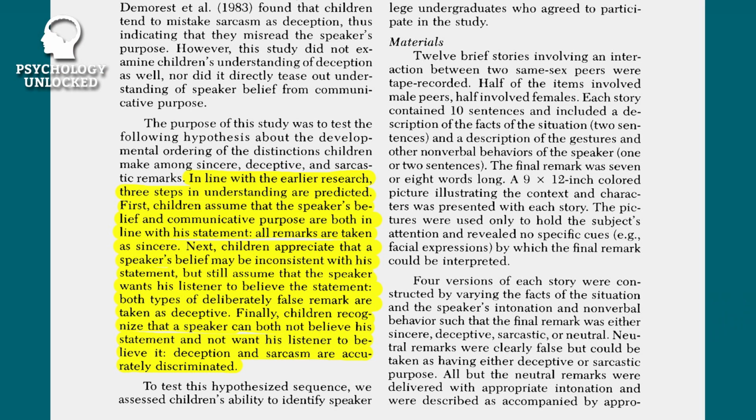Whilst we're here on this example, can you identify the independent and dependent variables from the hypothesis? Remembering that the dependent variable is the one being measured and the independent variable is the one being controlled by the researchers. Well, in this case, the child's ability to recognize communicative intent is the dependent variable.